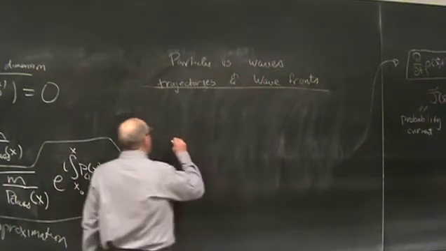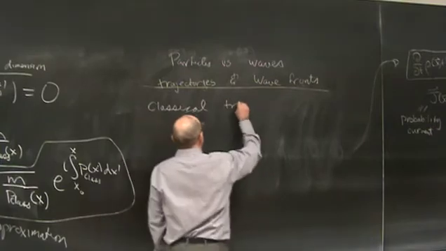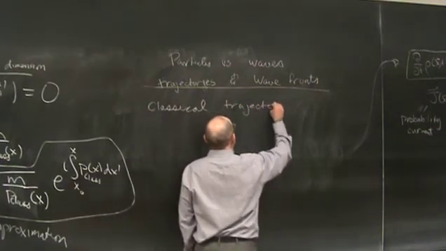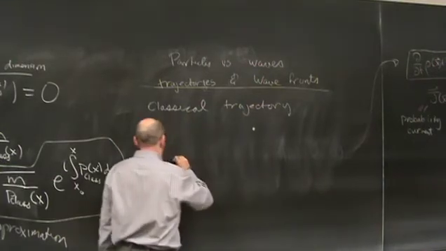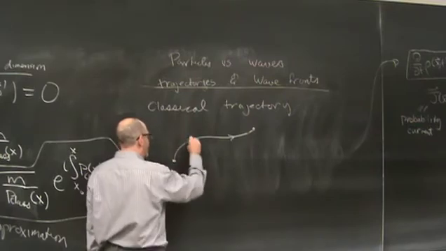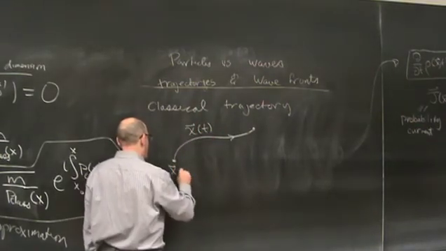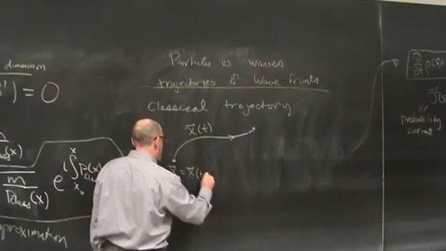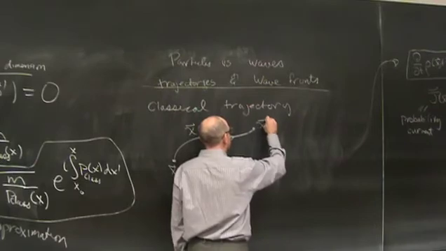So, what do we know classically? So let's say we know a particle moves along a trajectory. Okay? So there's some trajectory as a function of time. There's some position at the initial time, and there's some position at some later time.